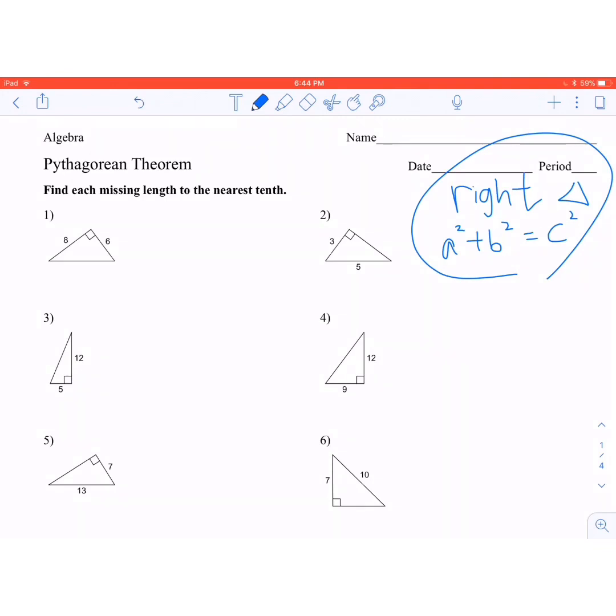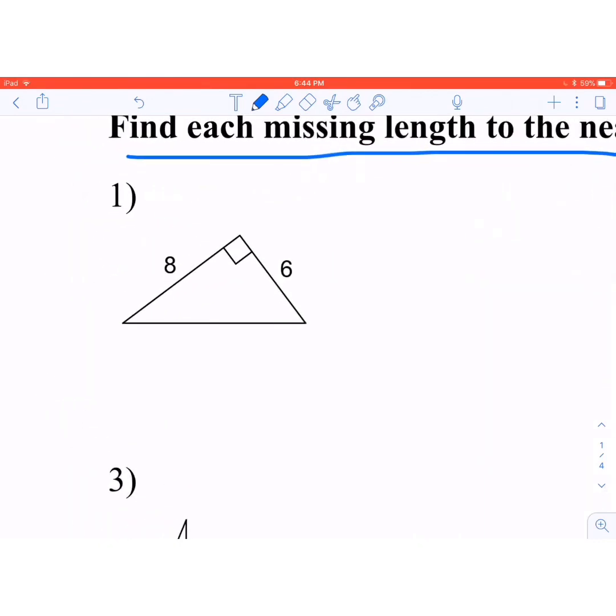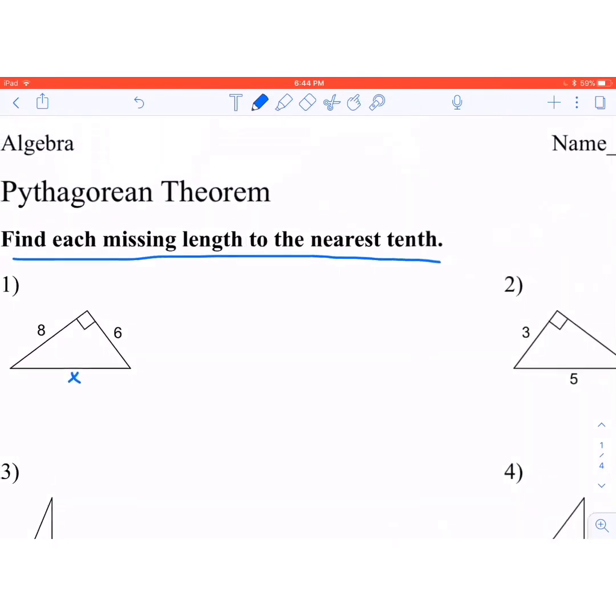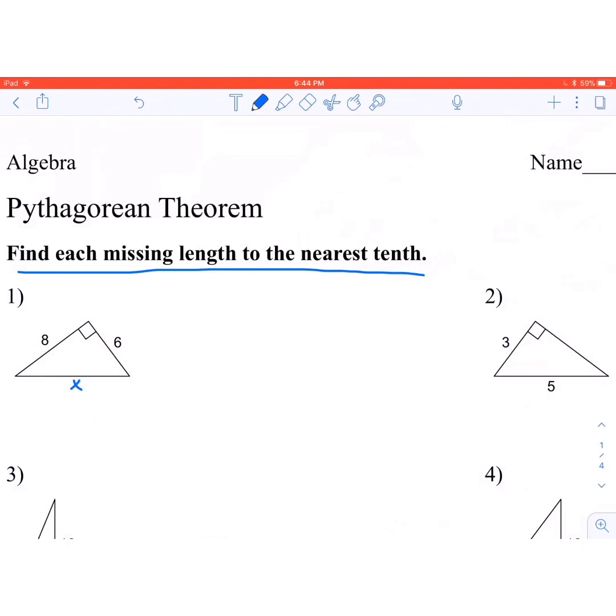Number one says find each missing length to the nearest tenth. So what do we not know here? In number one, the missing length is the hypotenuse. In a, b, and c, c is the hypotenuse and a and b are the other two lengths.